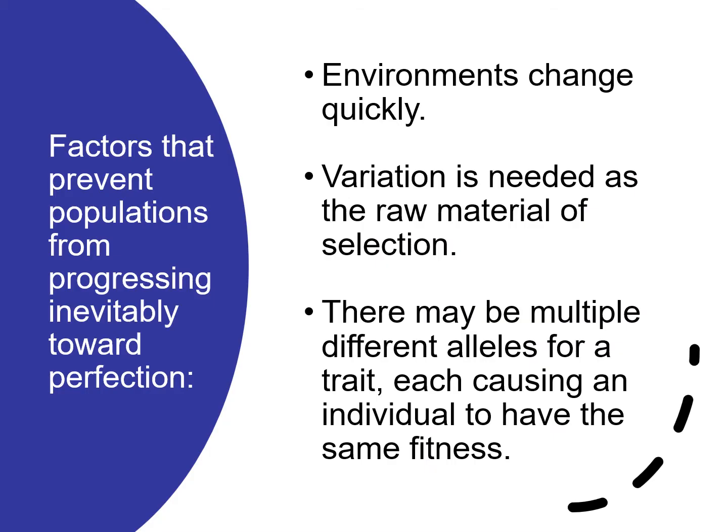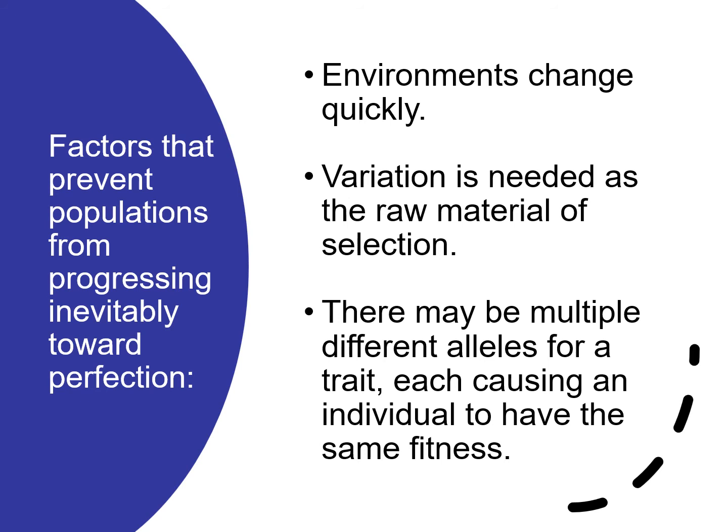So, some factors that prevent populations from progressing inevitably toward perfection. The first is that environments change very quickly, especially with humans. There's a lot of environments that change because of humans, like the rainforest and various other places where deforestation occurs.